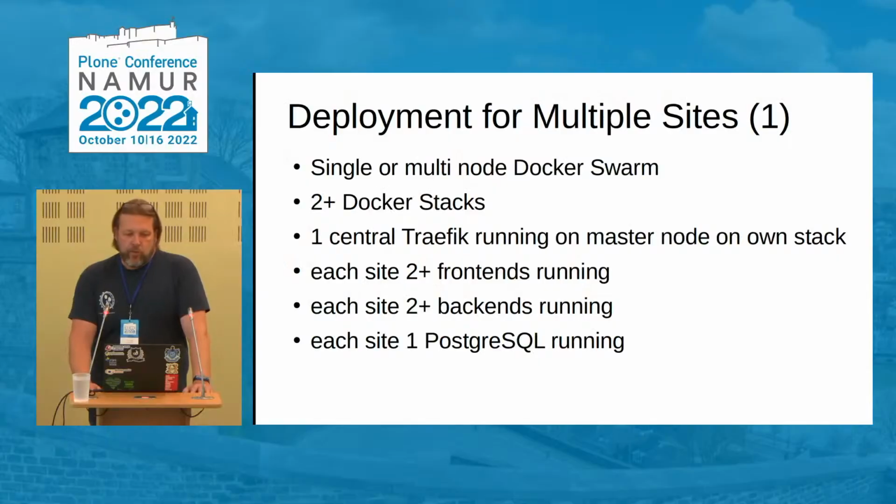That's one stack. Now, if you have a larger server and want to host more than one Plone site with different configurations, you can do it in a way that you have more Docker stacks, because you have one for the traffic, one for a first Plone site, and then for each other Plone site you host another stack in there.